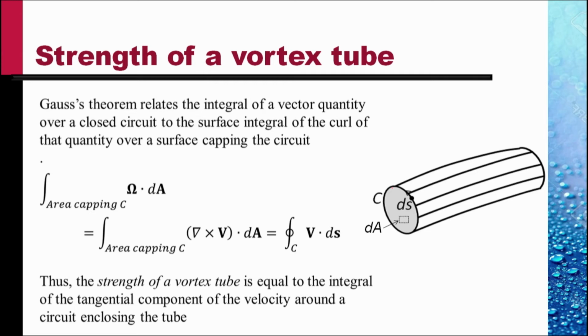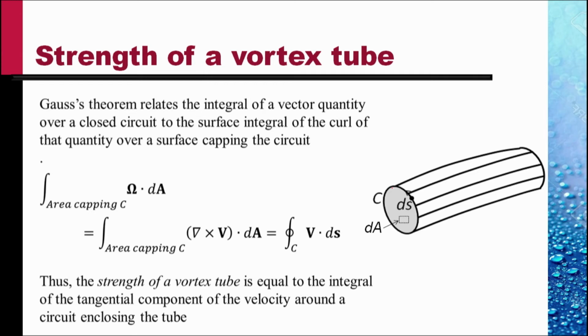That becomes the tangential component of velocity along the circuit. Thus, the strength of the vortex tube is equal to the integral of the tangential component of velocity around a circuit enclosing the tube.